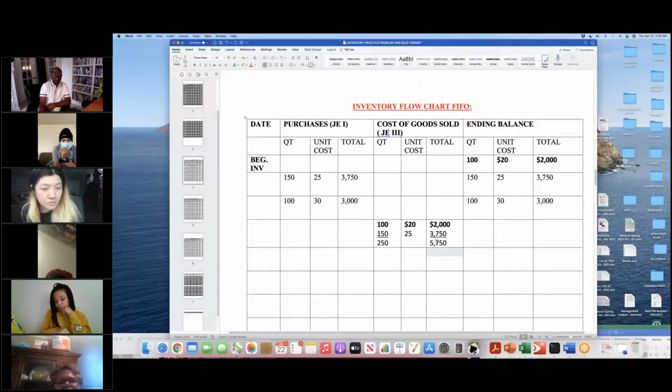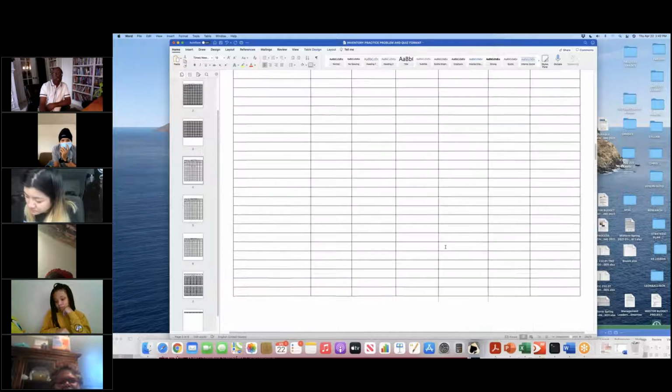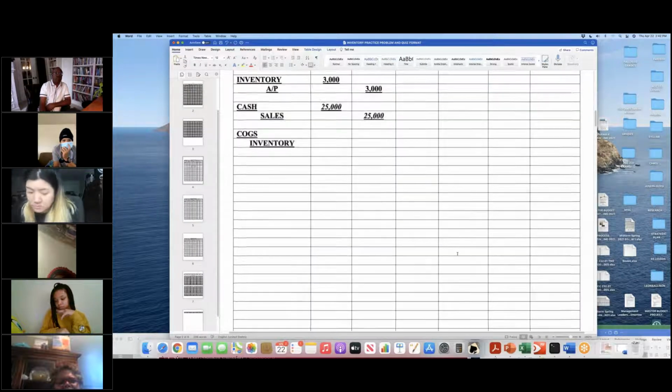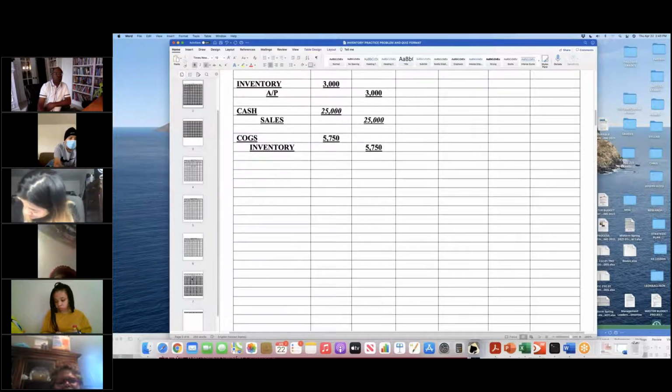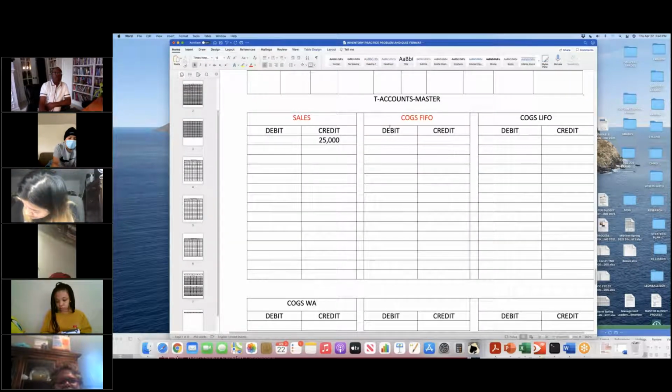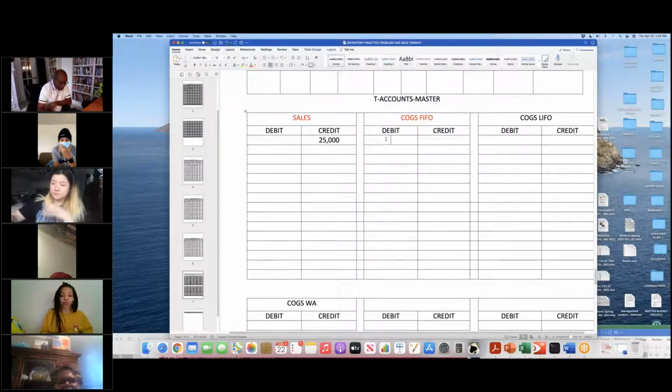So this calculation gives us the amount that goes in that journal entry for cost of goods sold, $57.50. Then we're going to go ahead and put the debit in here for cost of goods sold.